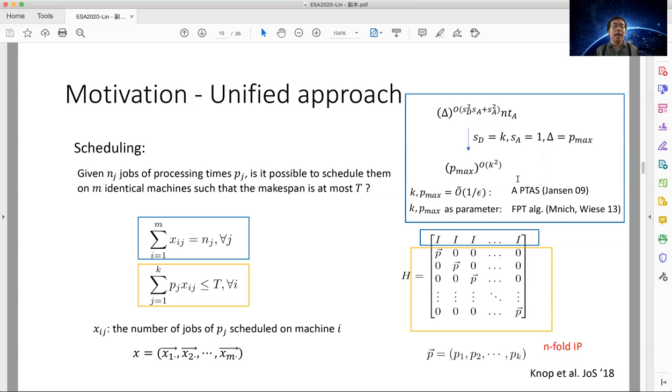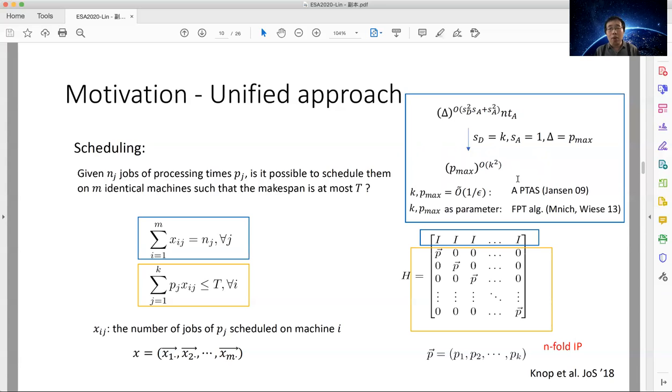And of course, you might ask, what's the advantage of such modeling? Well, one straightforward result that directly follows is that you can immediately apply the algorithm for block structured integer programs and derive an algorithm for scheduling, for example.